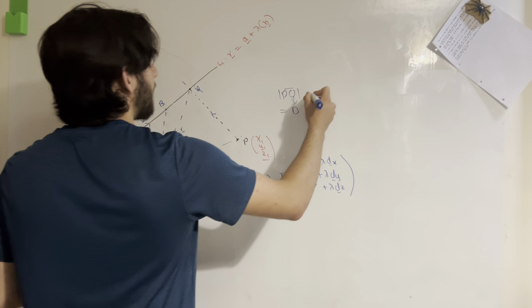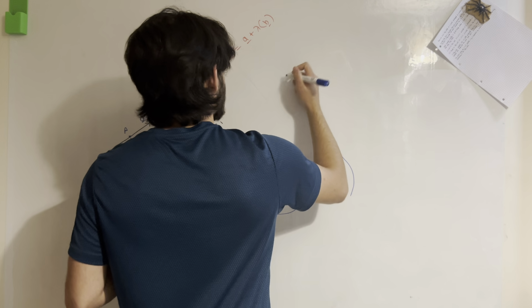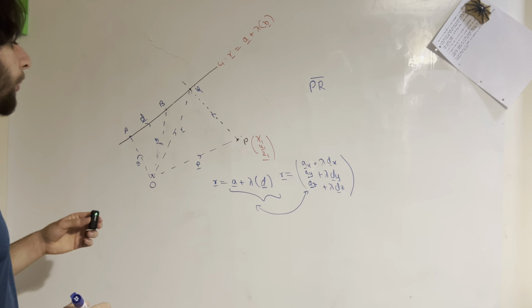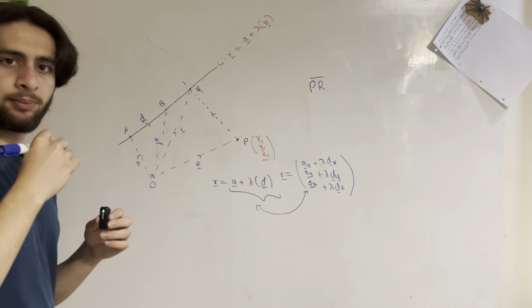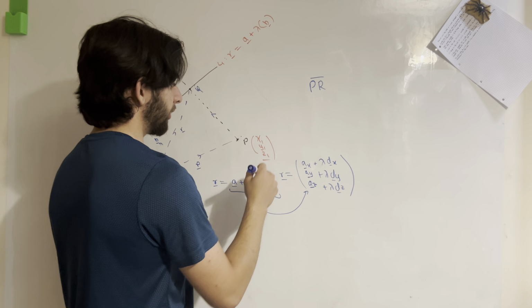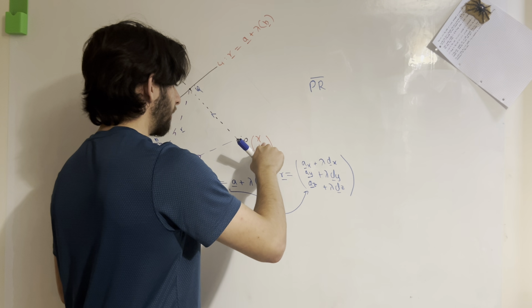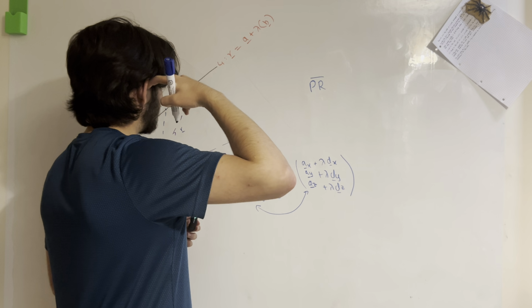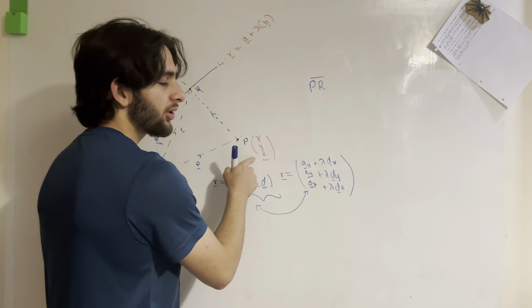Now consider PR. Just erase this. Consider PR. We know what the position vector for P is, clearly, because it's x1, y1, z1, or rather I'll just use x, y, and z. It's a little bit easier.